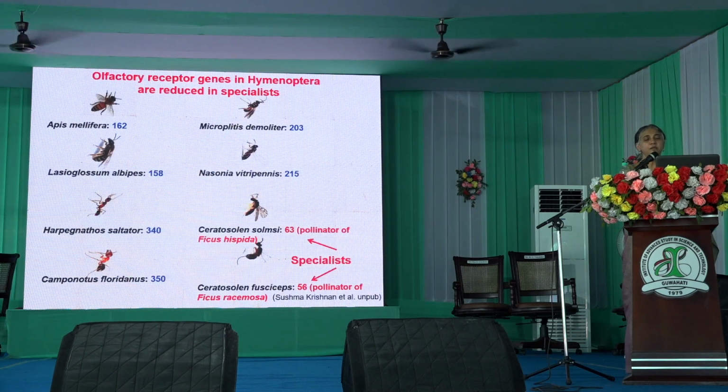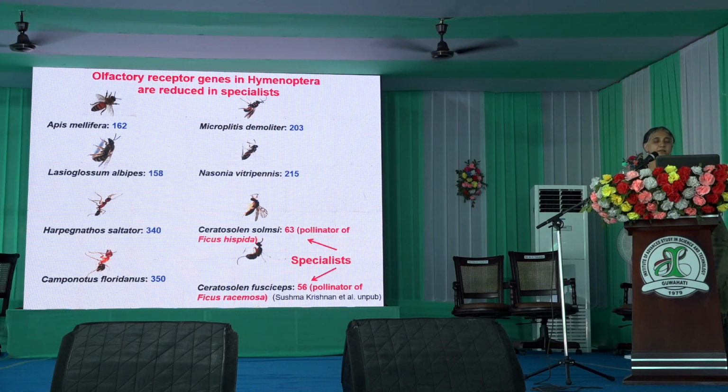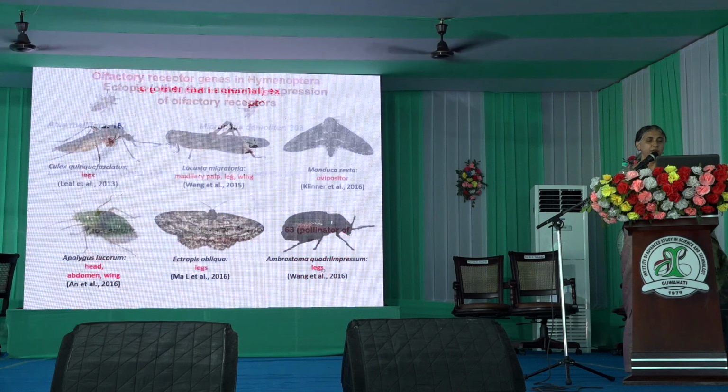More recently, we've been looking at the olfactory receptor genes in figs. As you can see, in generalist insects like Apis mellifera, the honeybee, you get about 162 olfactory receptor genes. But in our work with fig wasps, in the pollinator of Ficus racemosa, we get a massive reduction of olfactory receptor genes, which are just 56 in number. And this is work in progress.